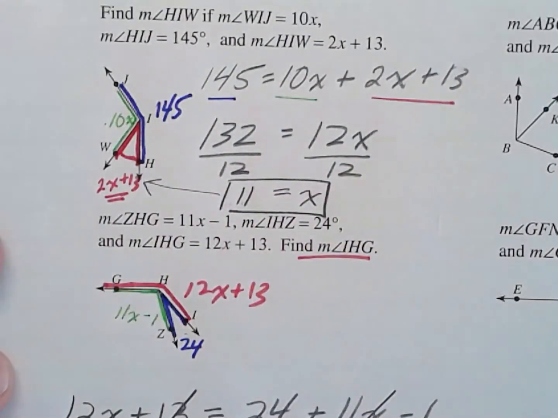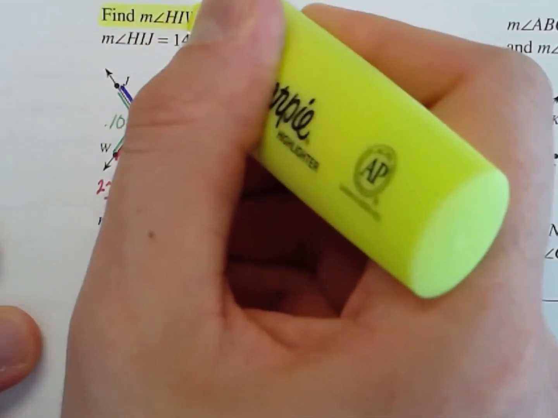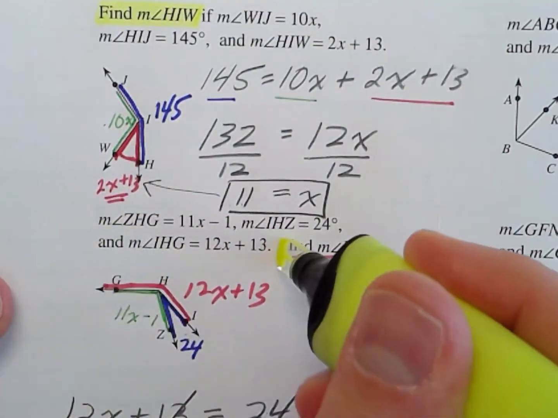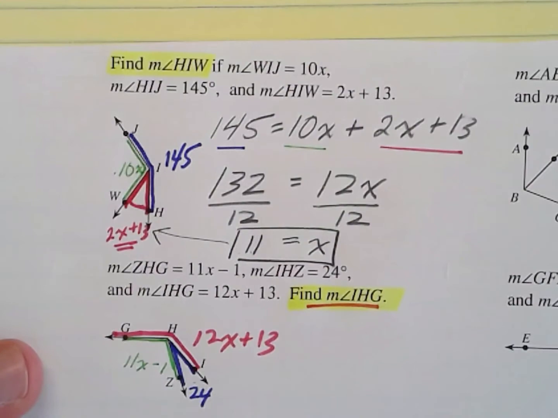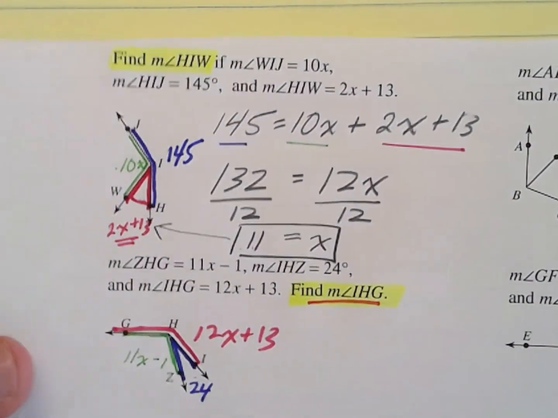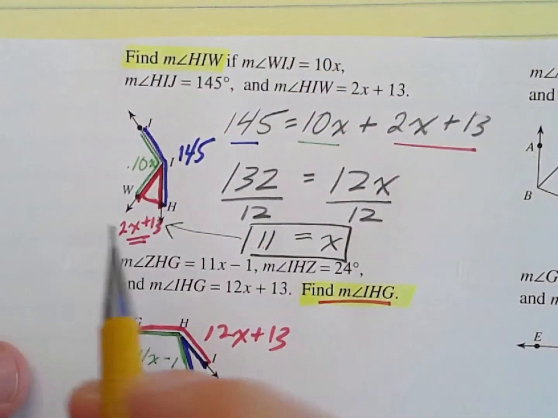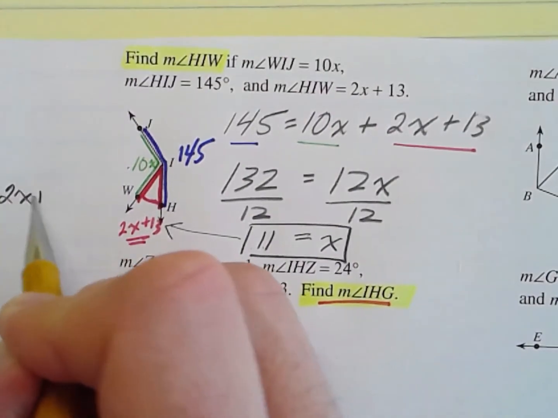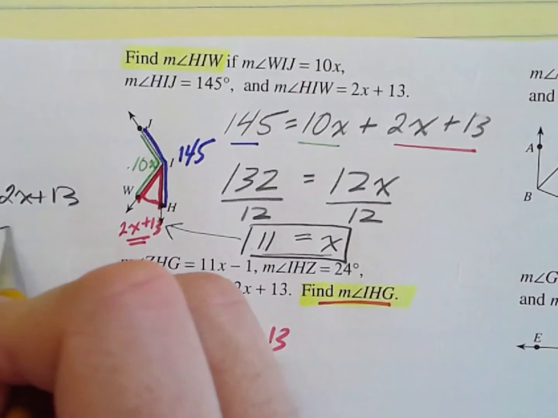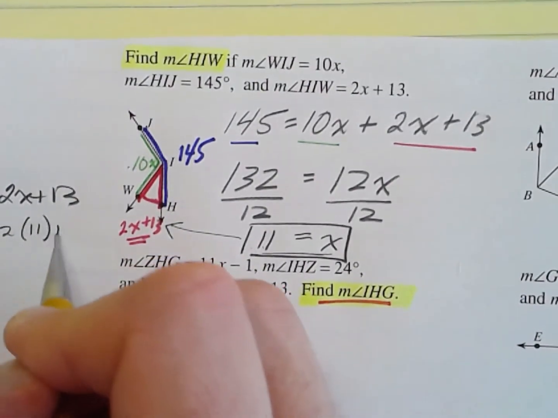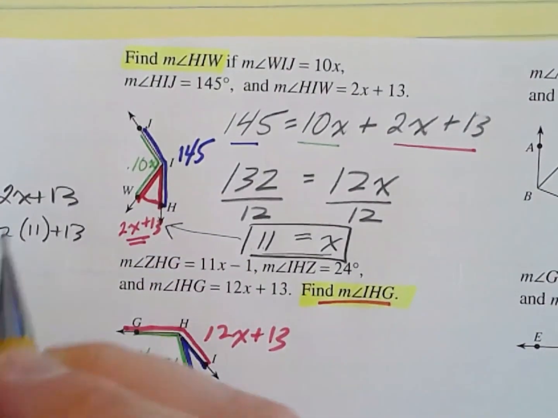Here's the problem with that. I'm trying to find the entire angle measure, not just the value of x. So what I need to do at this point is go back in and plug in 2x plus 13, where x equals 11. So this is 2 times 11 plus 13.